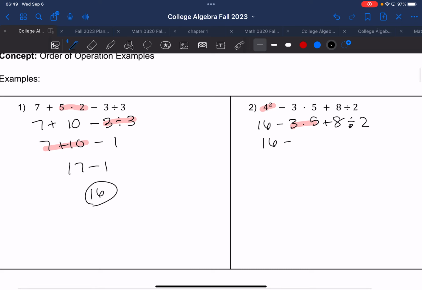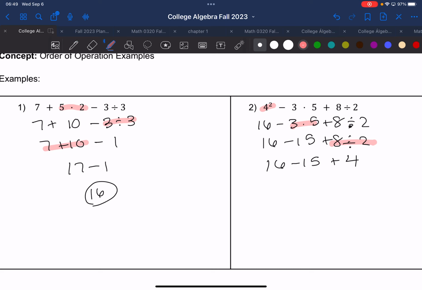So we have 16 minus 15 plus 8 divided by 2. What's next? Division. We're just doing this for every problem. So 16 minus 15 plus 4. What comes next? Subtraction. Yep, whatever comes first, left to right. So we have 1 plus 4, which gives us 5.